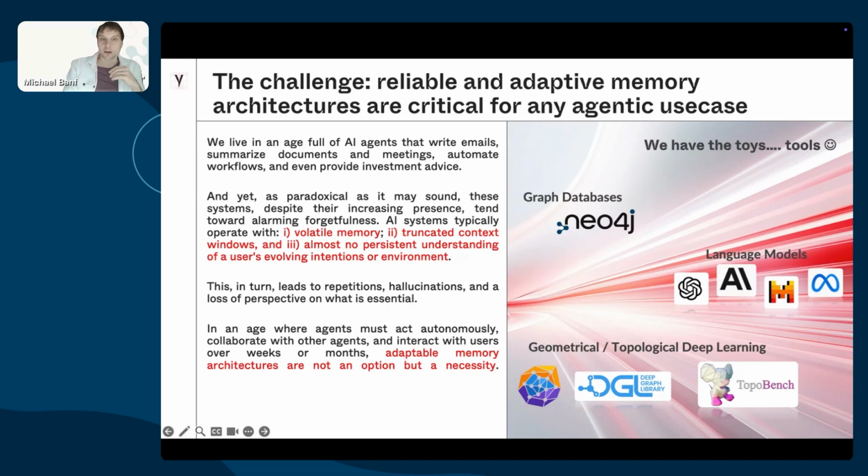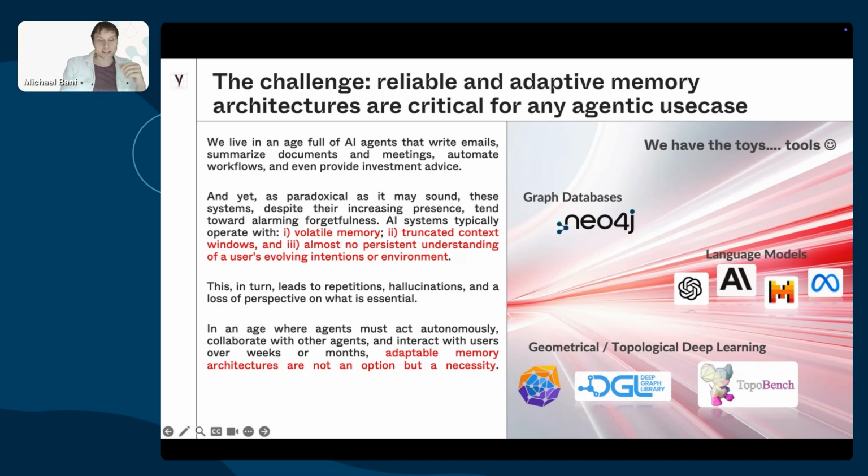We have very powerful graph database systems like Neo4j that serve as a foundation for memory systems. We have language models that can help us with extracting information. And we have very sophisticated methods from geometrical and, more recently, topological deep learning that can act on graphs and help us build these memory architectures, but we still have a way to go.